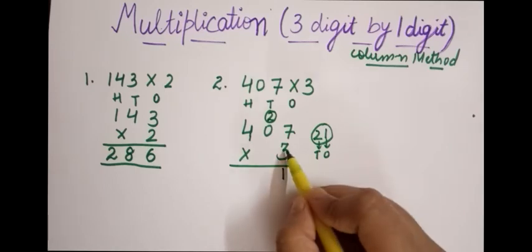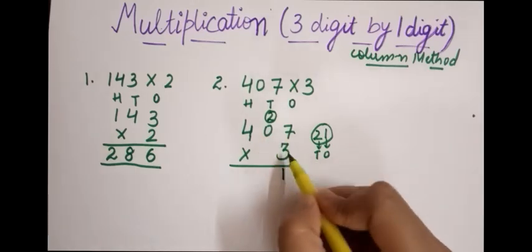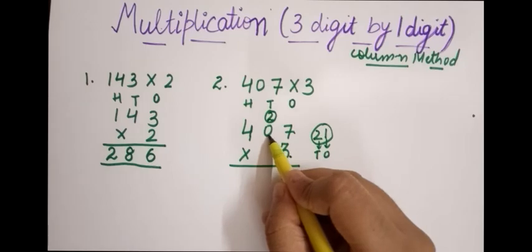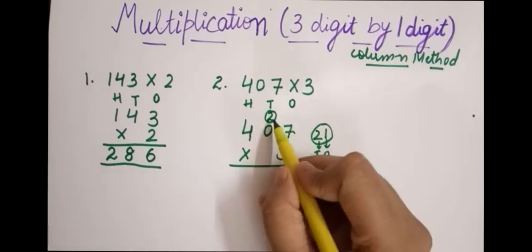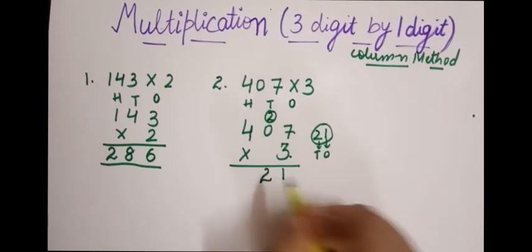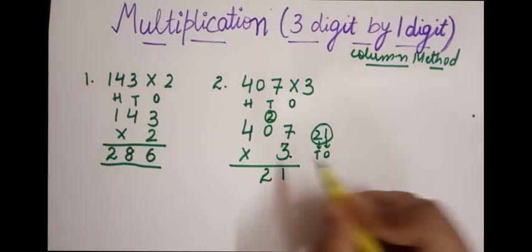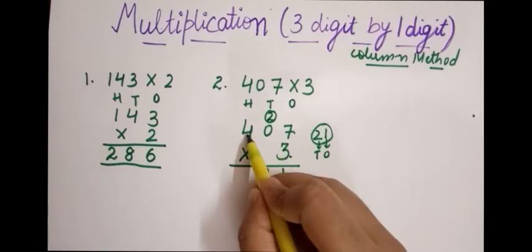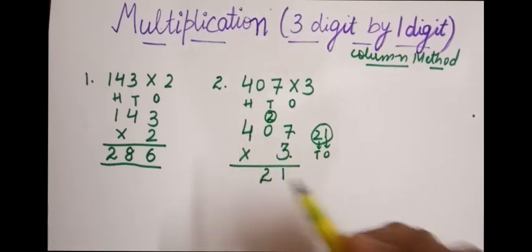Then again I will multiply this 3 by the 0. So 3 zeros are 0, because anything we multiply by 0, the answer is 0 only. So 3 multiplied by 0 is 0, and we'll be adding this 2. So 0 plus 2 is 2, and I'll be writing it below the tens column. Then at last I'll multiply this 3 by this 4. So 3 4s are 12.